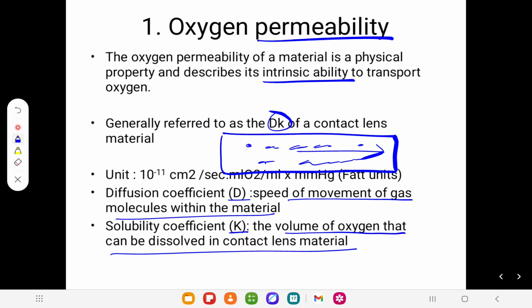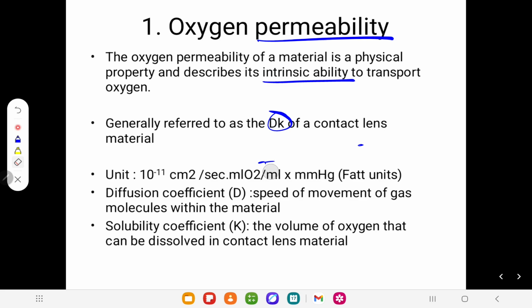So we want a material whose diffusion coefficient is high, meaning the material can pass oxygen very speedily, and we want a material that can dissolve the maximum oxygen possible, so that K is maximum and D is maximum, so that Dk is definitely maximum. So that's the concept.